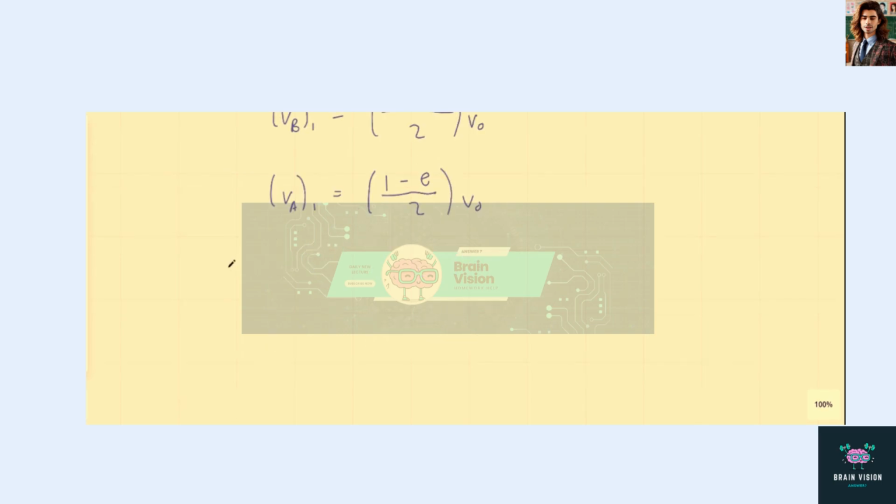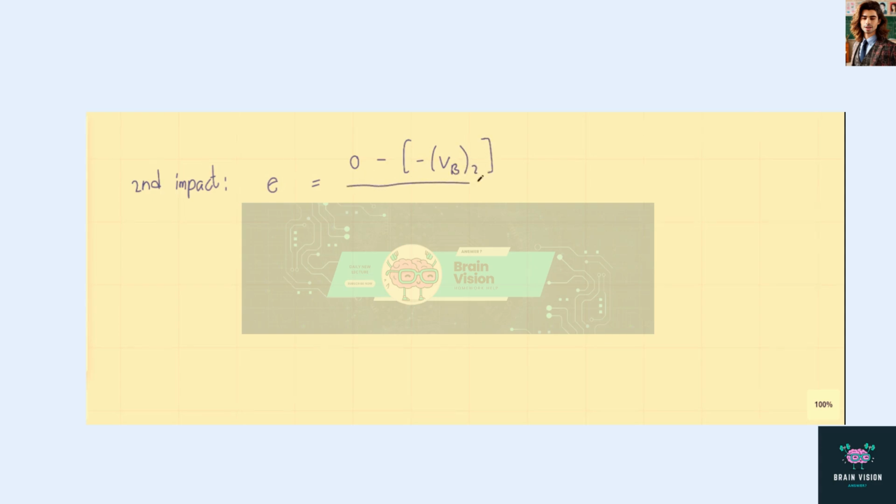Now, since the wall does not move during the impact, the coefficient of restitution can be written as follows. So this is our second impact. E is equal to 0 minus VB2.